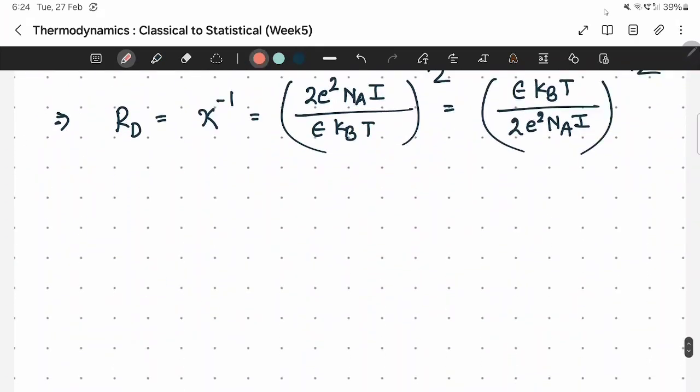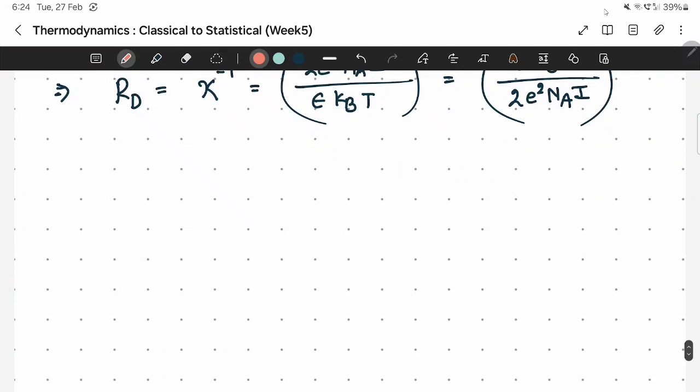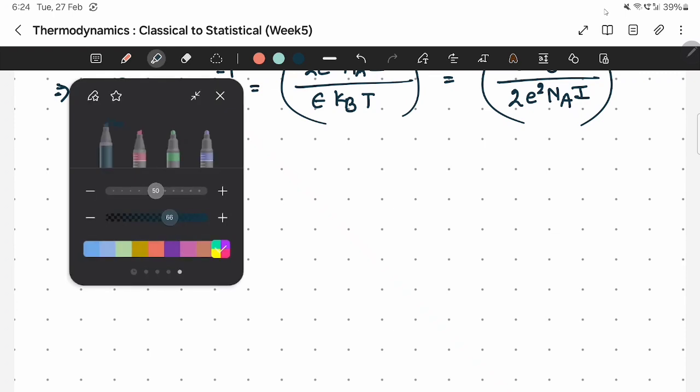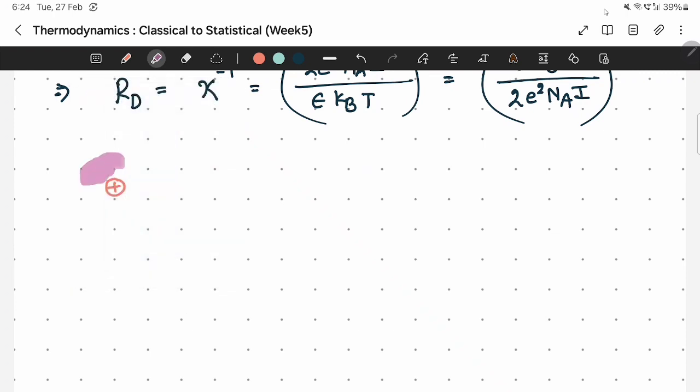Why is this called the Debye screening length? Because if you notice the detailed derivation of the Debye limiting law, around a central ion, let's say a positively charged ion, a cation, there will be a cloud of negatively charged ions, or anions.